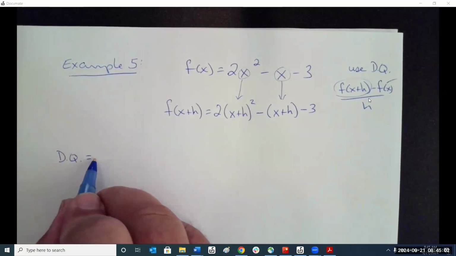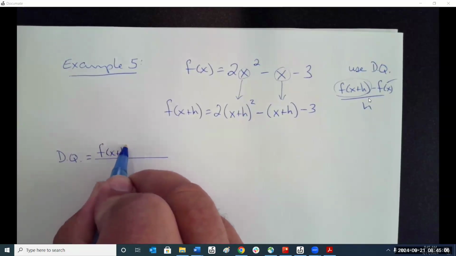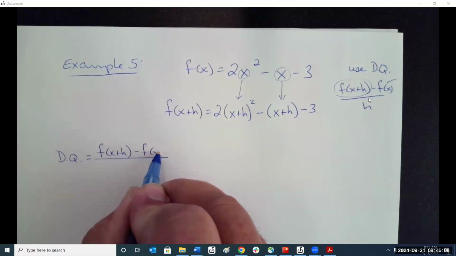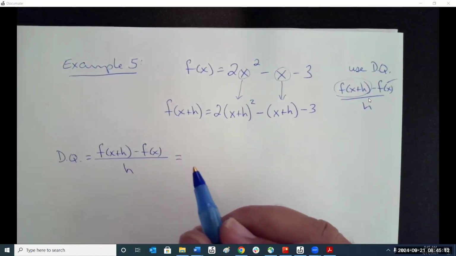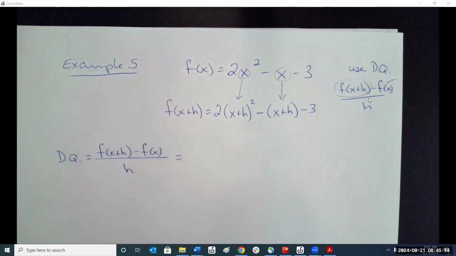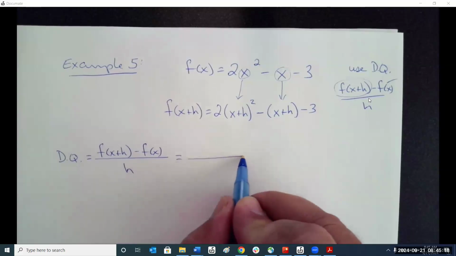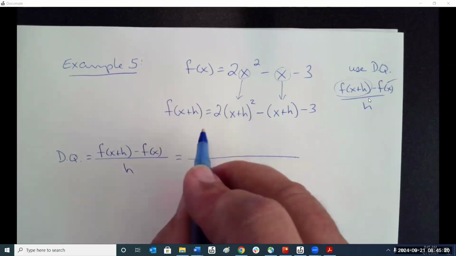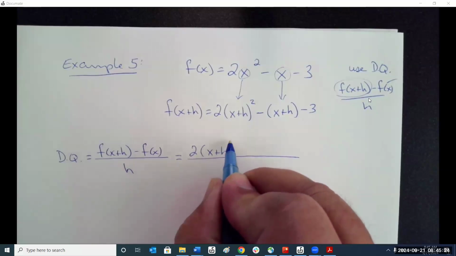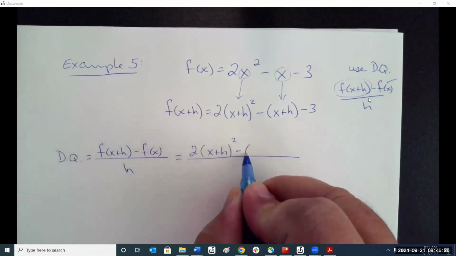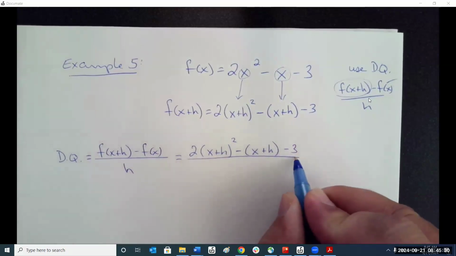So our difference quotient, f of x plus h minus f of x over h, becomes this on top. We have f of x plus h, so it's 2 times x plus h squared minus x plus h minus 3.